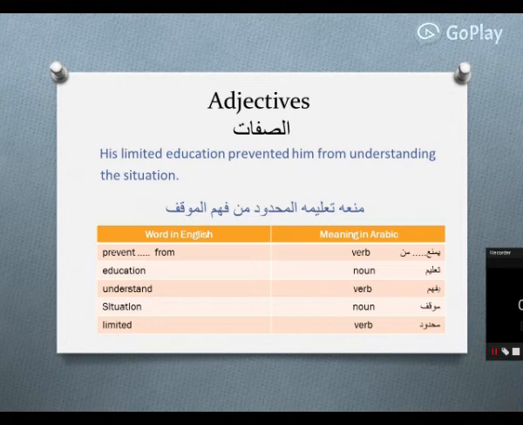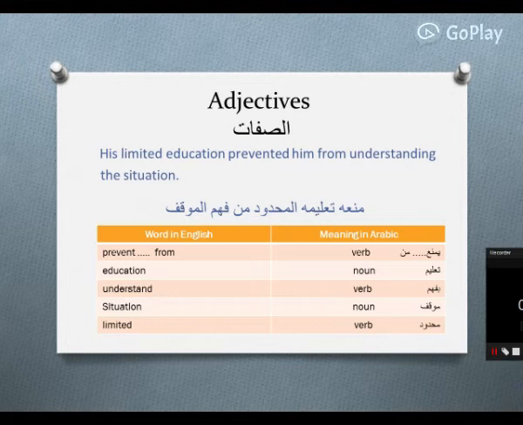For example, prevent from means yamna min. Education means ta'lim. Understand means yafham. Situation means mawqif. Limited means mahdud.